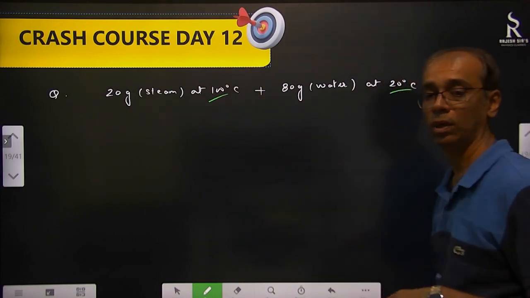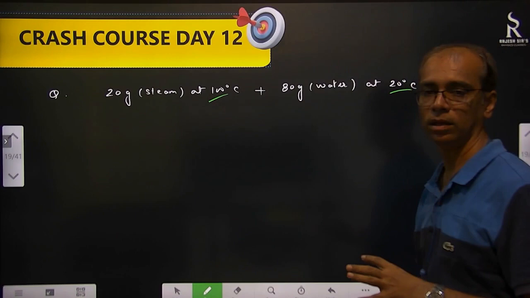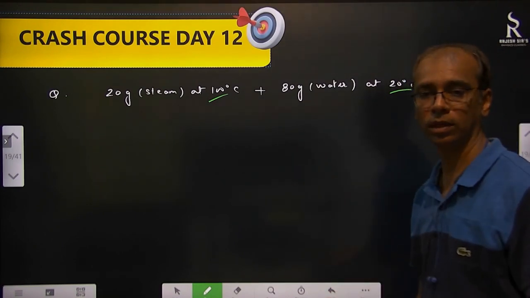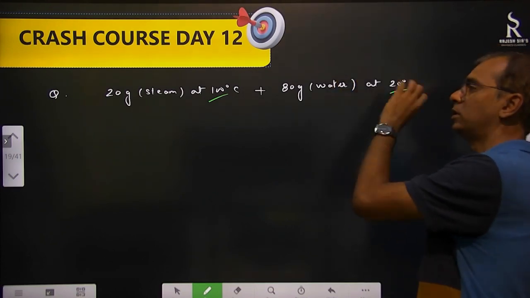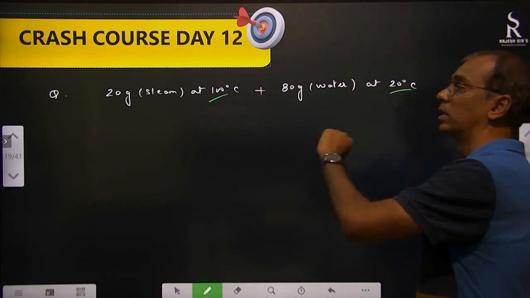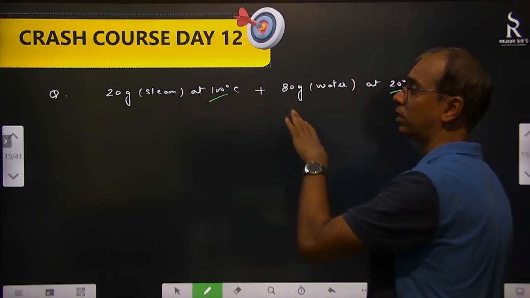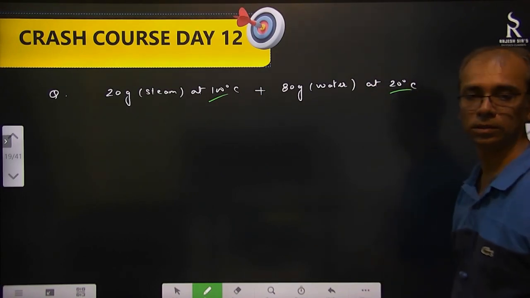Steam. Now you have to check. The mixture has to have the same temperature, right? So if you take water to 100 degrees centigrade, how much heat is required, and whether steam can give it or not. And how will steam give it? Steam is already at 100, so it will convert into water and release heat.